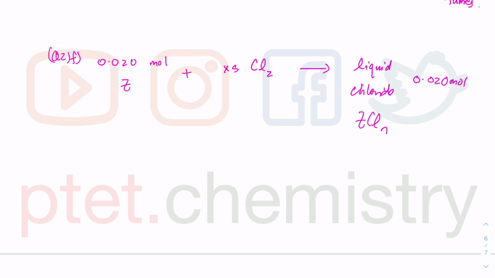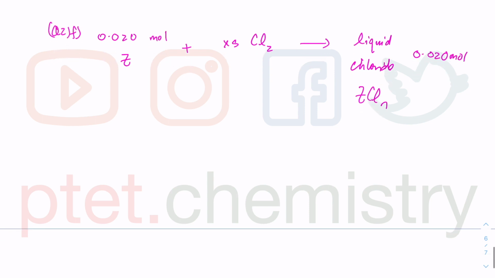So if we think about it in terms of a balanced equation, then Z plus Cl2 gives you ZClN. And remember that Cl2 is simple molecular, it's a diatomic molecule, so you want N number of chlorine atoms. The number in front multiplied by 2 will give you N.